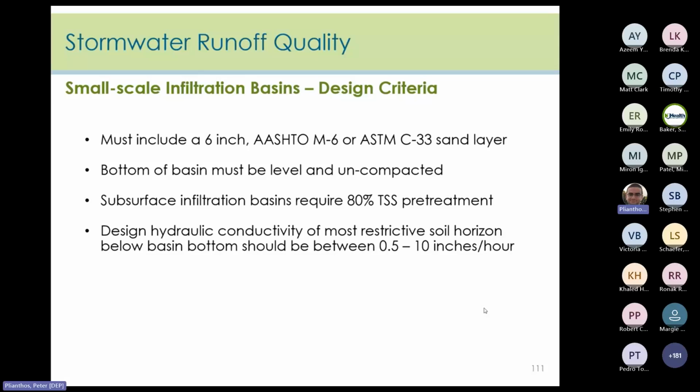Additionally, subsurface infiltration basins require 80% TSS pretreatment, and the design hydraulic conductivity of the most restrictive soil horizon below the basin bottom shall be between 0.5 and 10 inches per hour. These are all things to check for in your review. You want to make sure that they have all of these things.